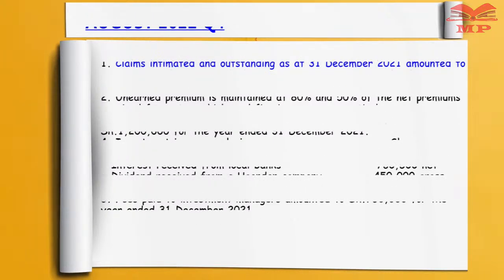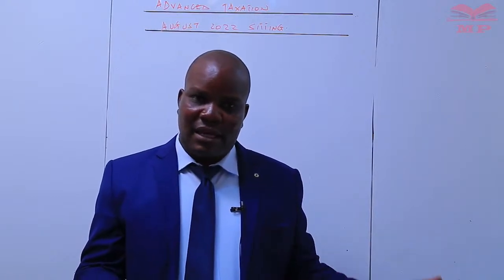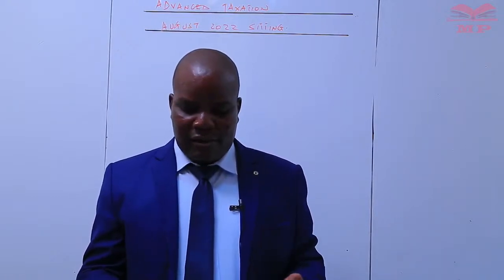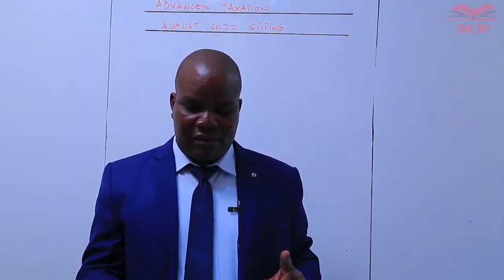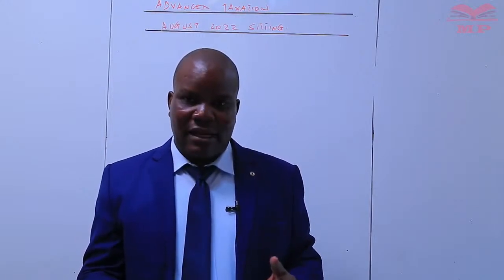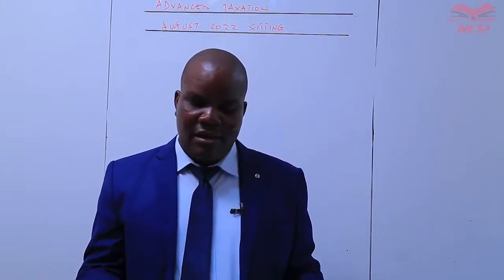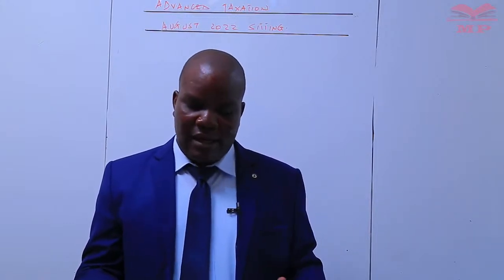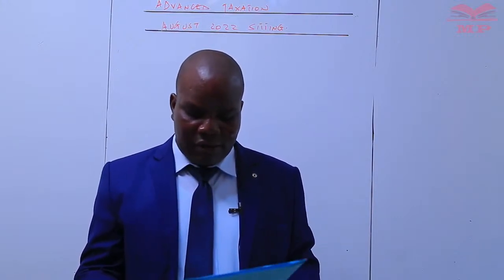So just like in any other business, we can have claims outstanding at the beginning and at the end of the year. So here we have 3 figures that we shall have to adjust for each of these. We have claims outstanding, that is accrued claims brought down, at the beginning of the year. We have claims paid during the year and claims outstanding or accrued at the end of the year.